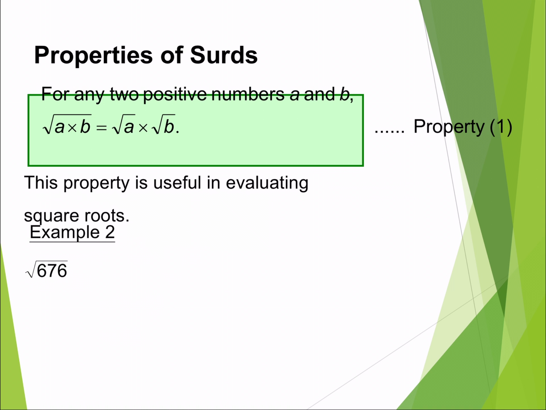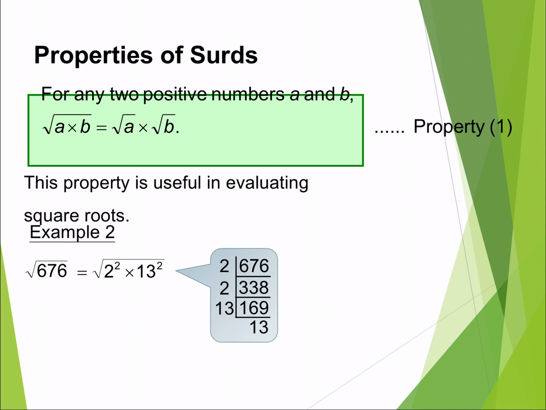We will do the division by the factors. Okay, so 676 will equal 2 squared times 13 squared. And then we distribute the square root. Okay, and the square and square root cancel each other, so it equals 2 times 13 equals 26.